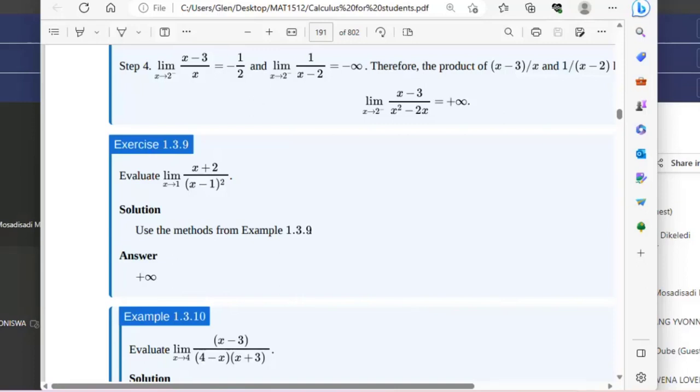Give me any number on the left-hand side of 4. Any number which is on the left-hand side of 4.